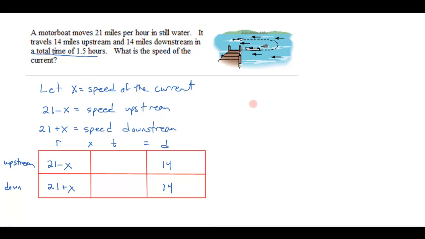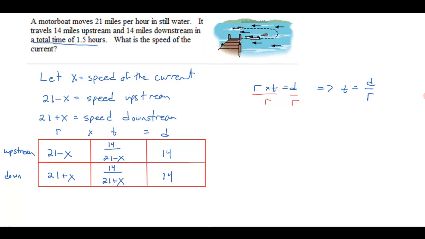Okay? Well, since the rate times the time is equal to the distance, all you have to do is divide both sides by the rate, and you'll see that the time has to be the distance divided by the rate, right? So this time upstream, I know the distance is 14, so the time has to be the distance 14 divided by the rate 21 minus x. And likewise, the time downstream has to be the distance downstream, which is again 14, divided by the rate downstream, which is 21 plus x.